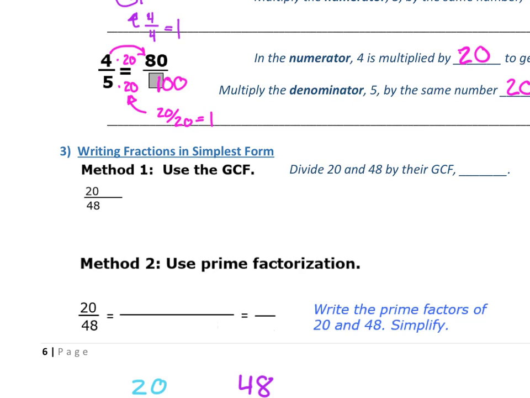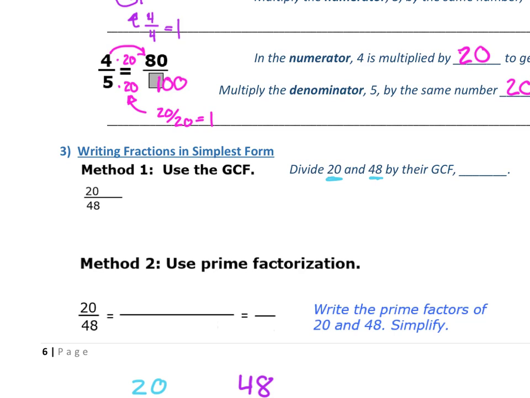Our next example, example 3, is writing fractions in simplest form. The first method they want to show us is using the GCF. And it can really be any common factor as long as you keep dividing, but we'll go for the GCF this time. So the GCF for 20 and 48. So remember, GCF would be the biggest number that divides evenly into both a 20 and a 48.